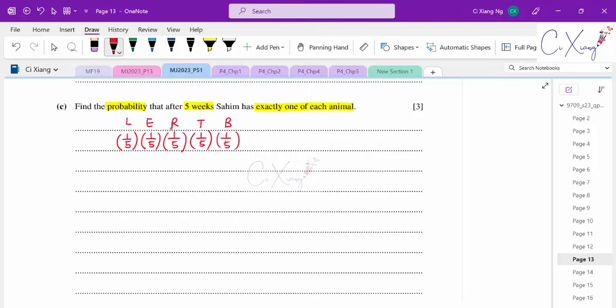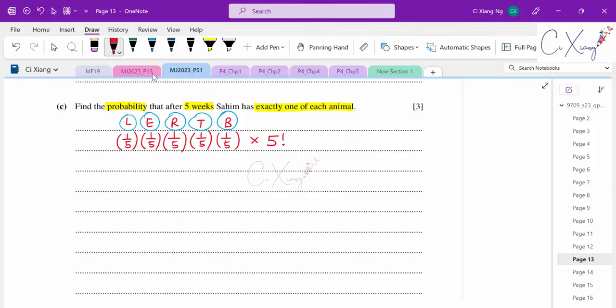Therefore, besides listing out the probability here for this particular case, you also need to consider the possible arrangements for these 5 animals over 5 weeks. So to arrange these 5 animals for 5 weeks, we are having 5 different animals, right? Therefore, the arrangement will be multiplied by 5 factorial.